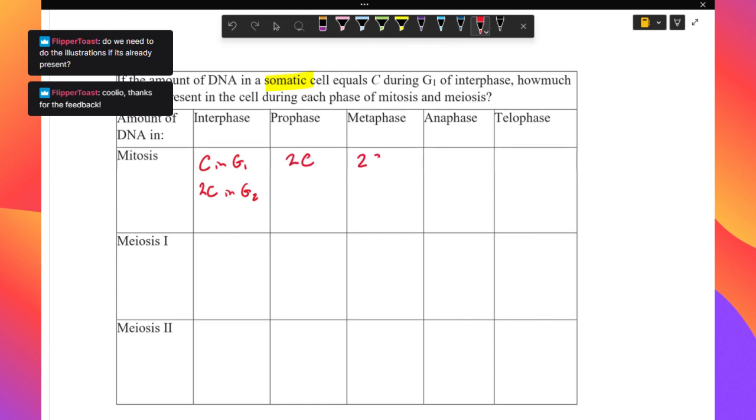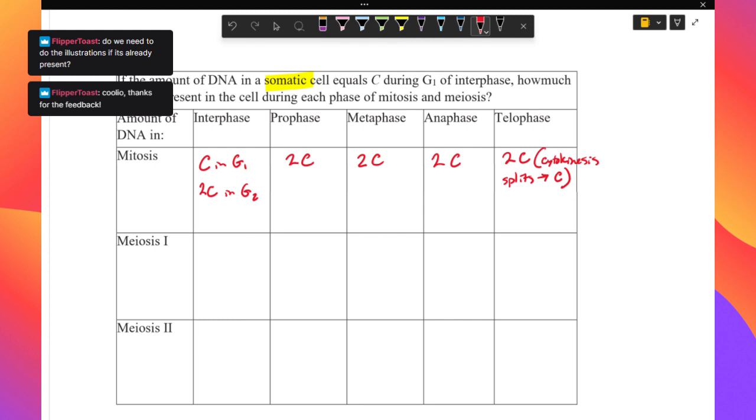Prophase, you'll have 2C, in metaphase, 2C, in anaphase 2C. And in telophase, you'll have 2C, and it's going to be divided through cytokinesis. And so you'll be reduced back down to C.